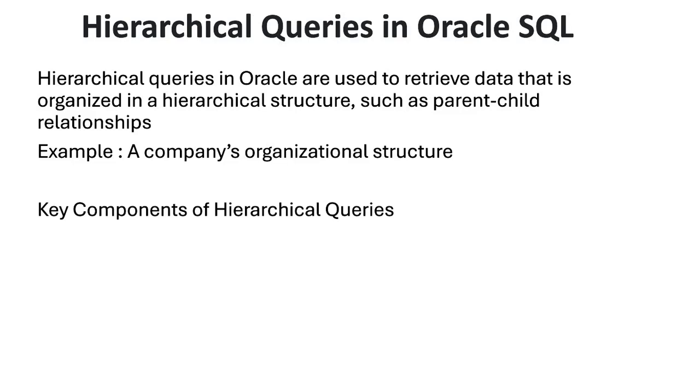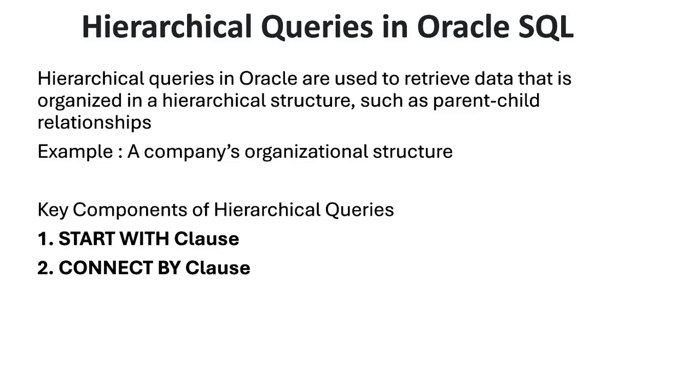Now let's see the key components of hierarchical queries. First, we have the START WITH clause that specifies the root node of the hierarchy. Then we have the CONNECT BY clause which defines the parent-child relationships. Then we have the PRIOR clause which refers to the parent row in the hierarchy.